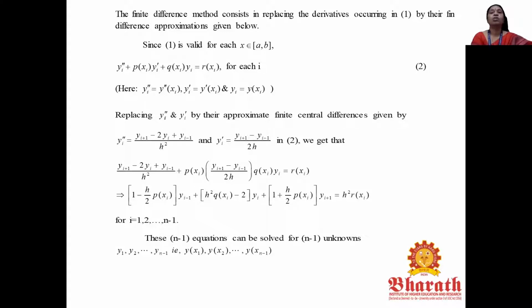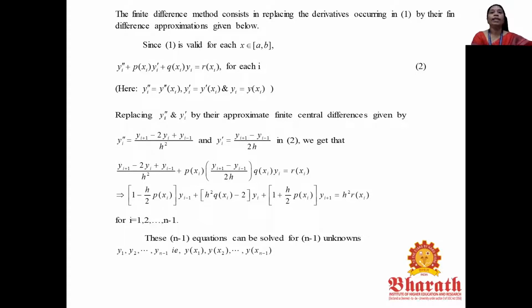You can take this as equation number 2. Here yi double dash is equal to y double dash of xi, yi dash stands for y dash of xi, and yi stands for y of xi.